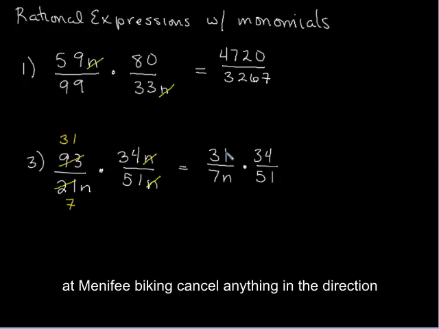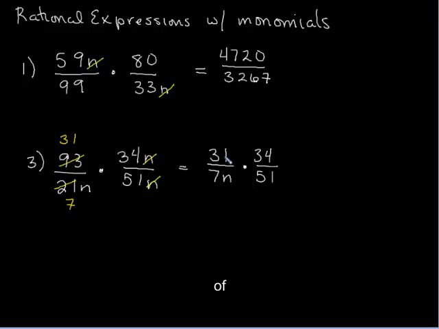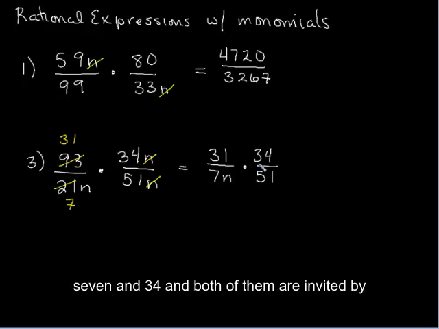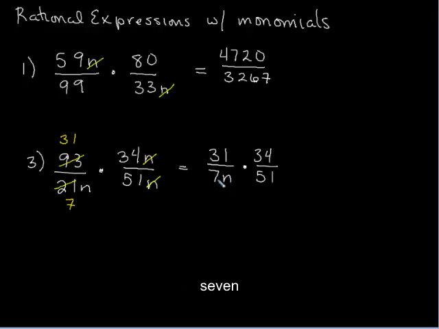And then I'm going to see if I can cancel anything in these directions. 31 doesn't divide by anything. 51 will divide by 3, but 31 doesn't, so I can't cancel there. 7 and 34, well, 7 only divides by 7. 34 doesn't divide by 7, so I can't cancel anything further.